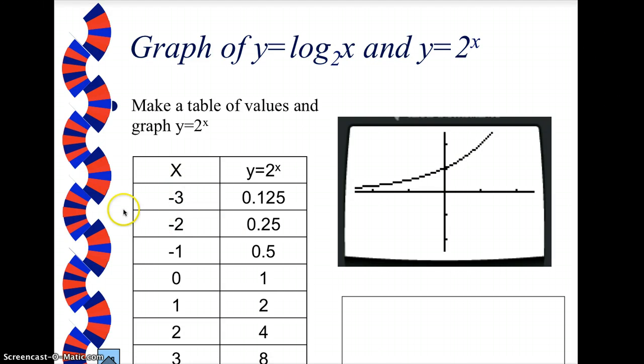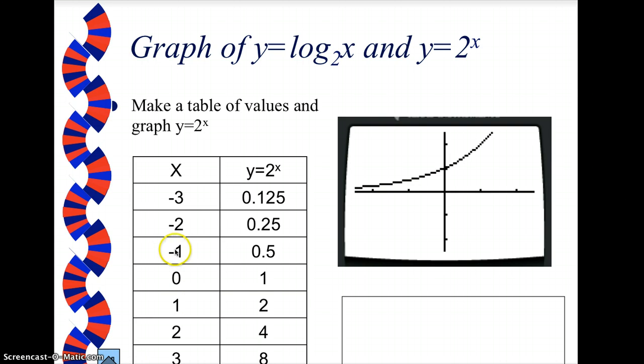If you use your calculator, you're going to have 0.125, or 125 thousandths. Now replace x with -2 and you will get 1 over 2 squared, which is 1/4, equal to 0.25.